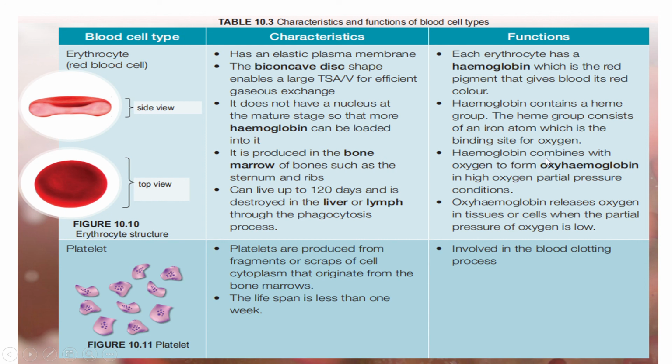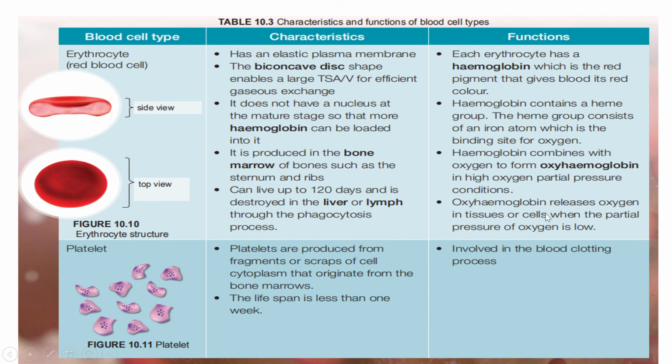Hemoglobin upon binding with oxygen will form this complex structure known as oxyhemoglobin. This is when the oxygen partial pressure is high. Then they will travel to the tissues or cells that are in need of this oxygen.